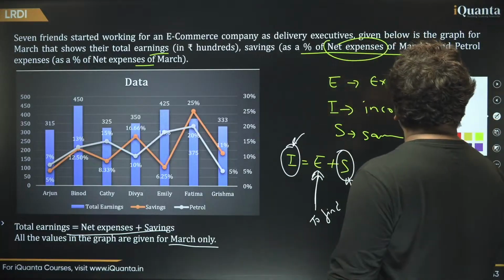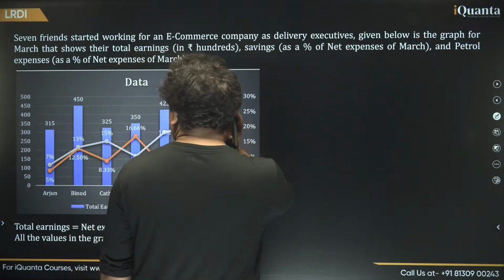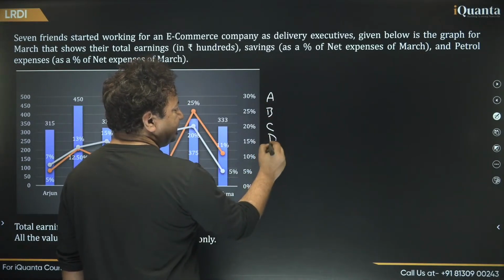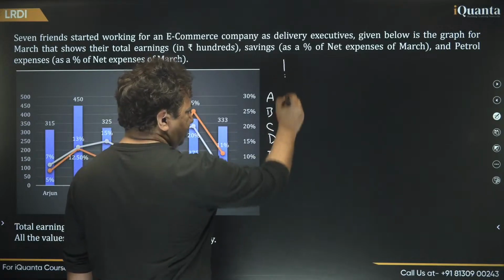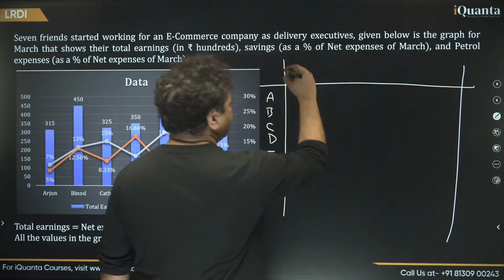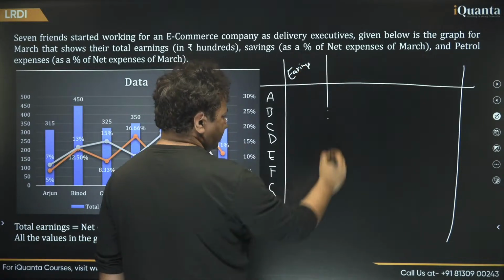So let me make a table out of it. There are 7 friends, A, B, C, D, E, F, and G. Earnings.